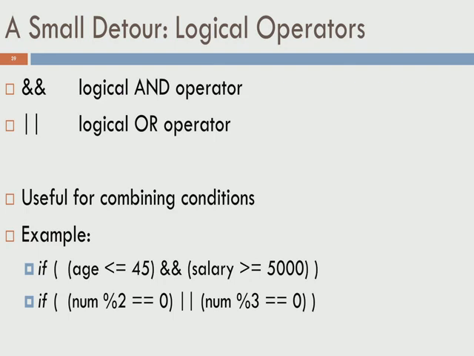But more importantly, we also need to understand this notion of what are called logical operators. In all these things that we have seen so far, we have only one condition for the expression that we are evaluating. Sometimes we need more than one condition. So let us look at this example where, let us say, if age is less than or equal to 45 and salary is greater than or equal to 5,000, I want to do some work.